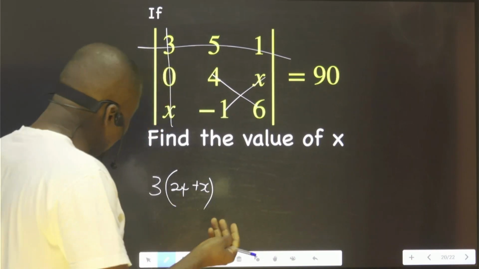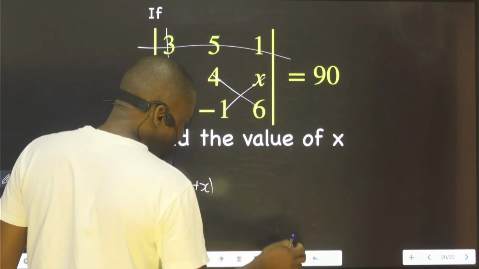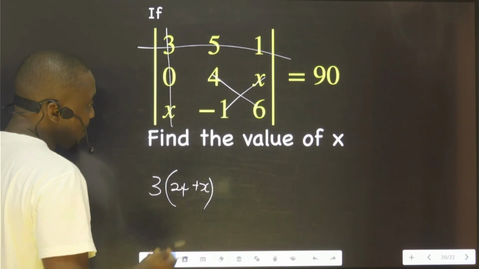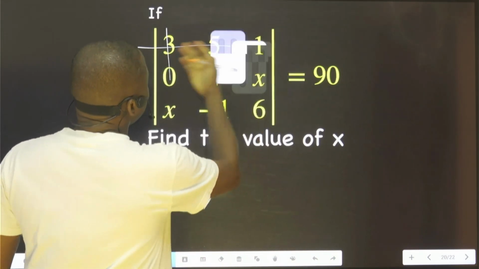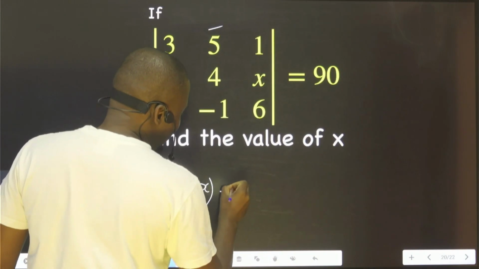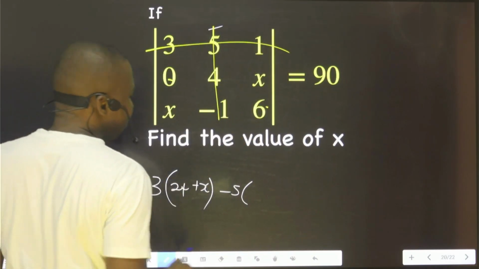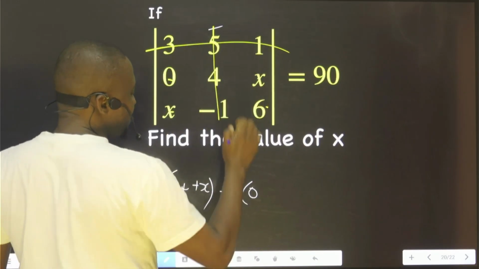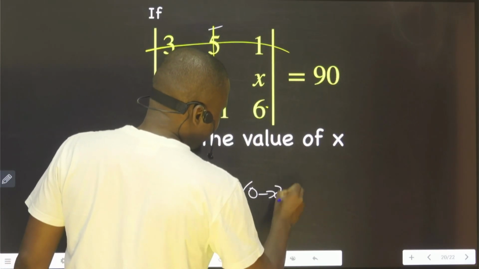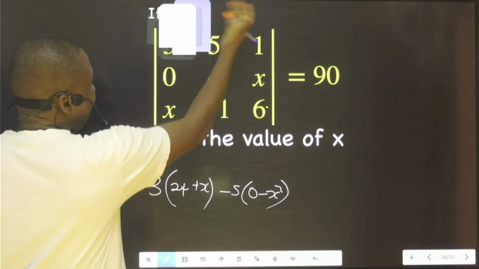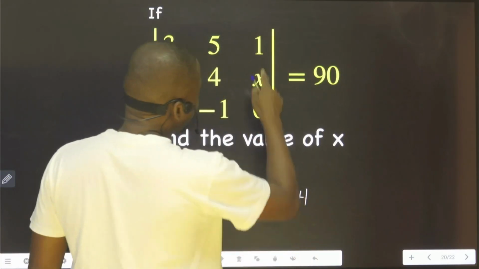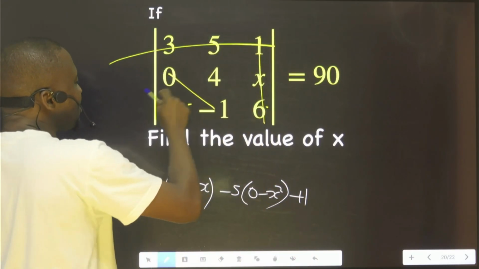If you don't understand what we are doing, please go back to the first video on this 3 by 3 determinant. Then we go for this is minus, that is minus 5. This and this are gone. 0 and 6 will give us 0. This and this will give us minus x squared. Okay? That is that. Then we take plus 1. This is gone, this is gone. This is 0.